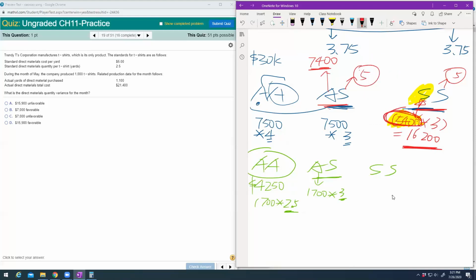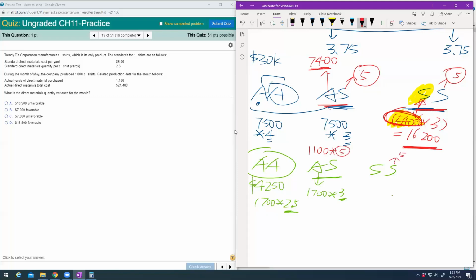Actual, you totally used 1,100 yards, and the standard for 1 yard is $5.